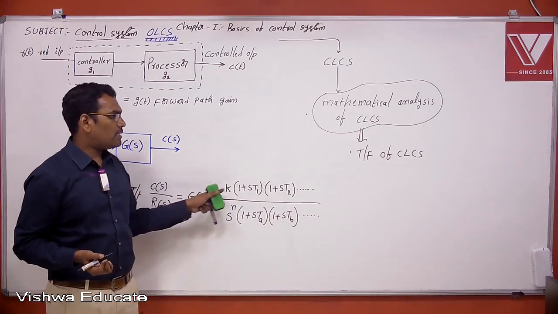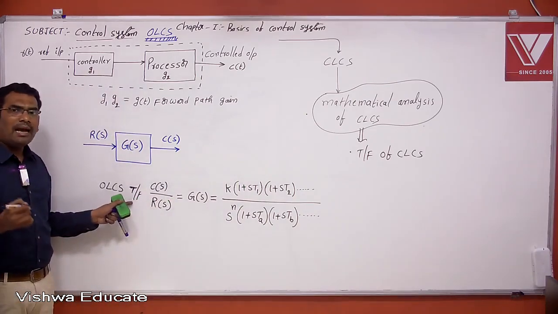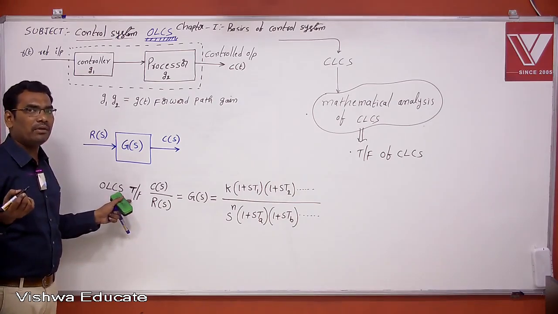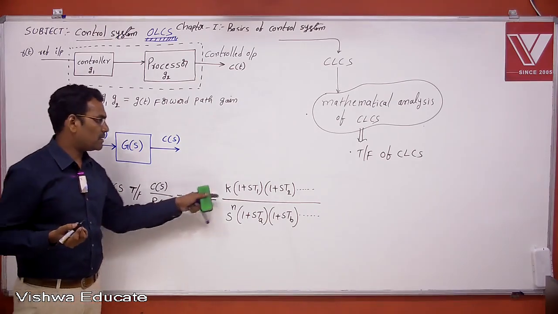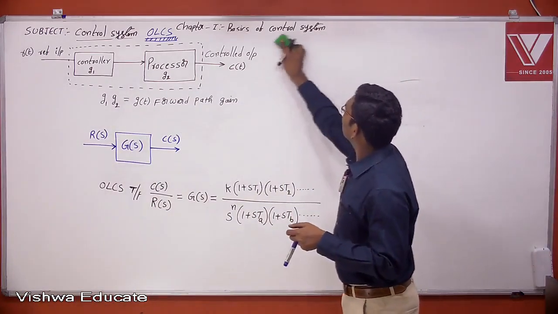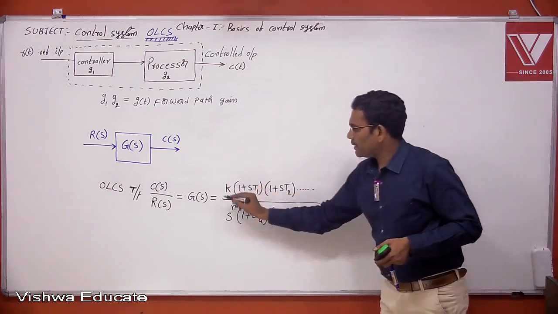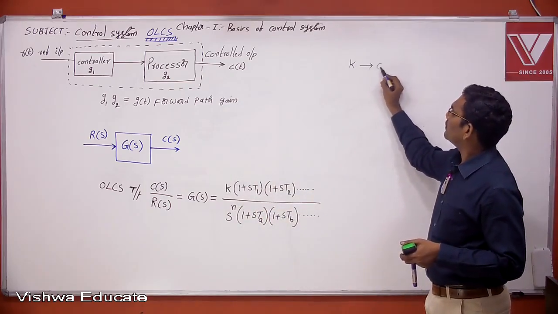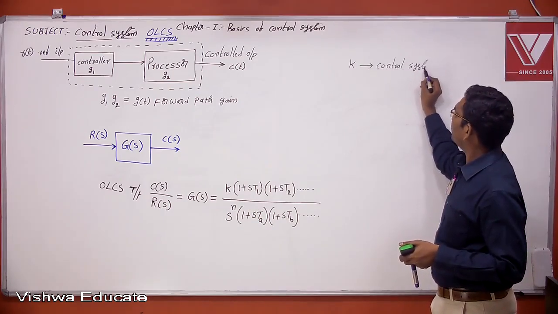But here some parameters are available. This is an open loop control system, and it has some parameters. The system behavior depends upon the system parameters. Sir, what are the system parameters? Here K is nothing but the control system gain.